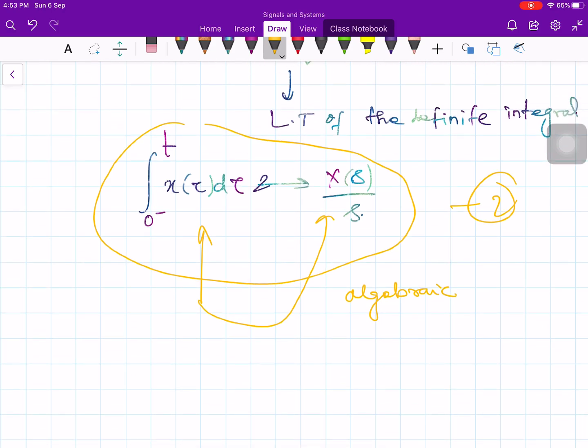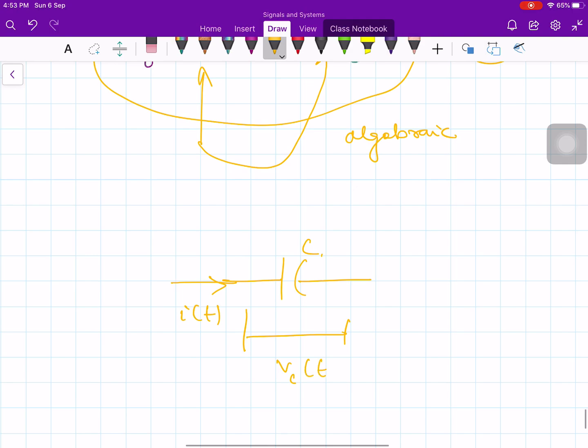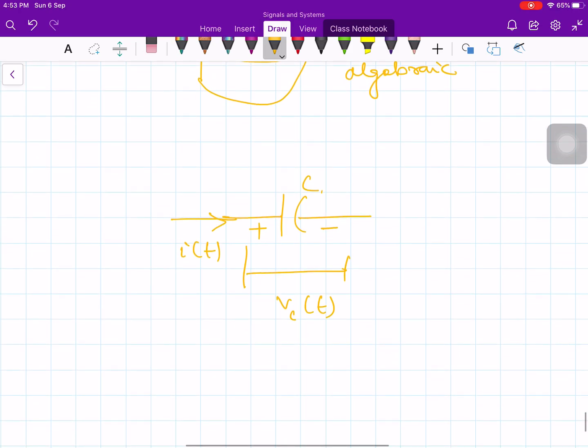for capacitors. Say I have a capacitor whose capacitance is C, and the current flowing through it is i of t. The voltage developed across the capacitor, let me call vc of t. Current enters at this terminal, so it is positive, and leaves at this terminal, so that is negative. What is the relation between voltage and current? Using lowercase letters, vc of t is equal to 1 over c times the integral of i of t dt.